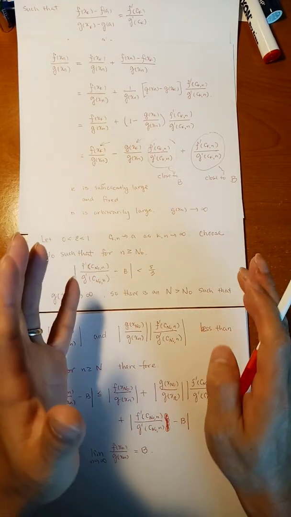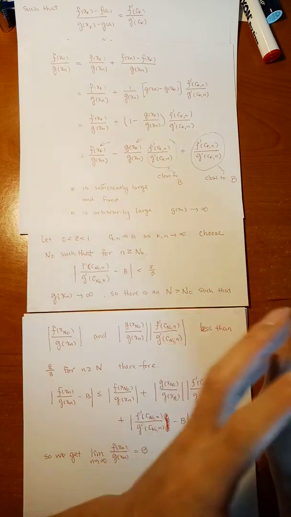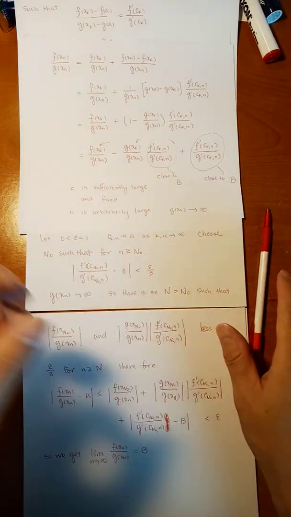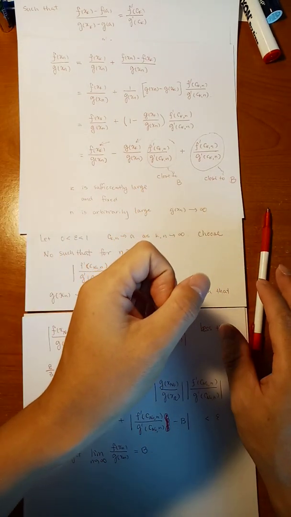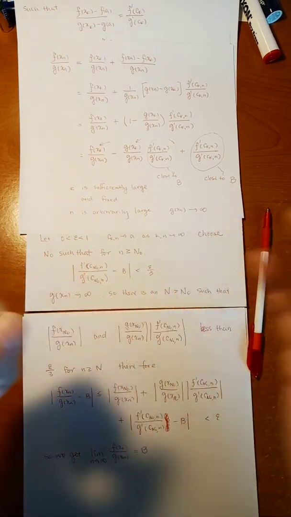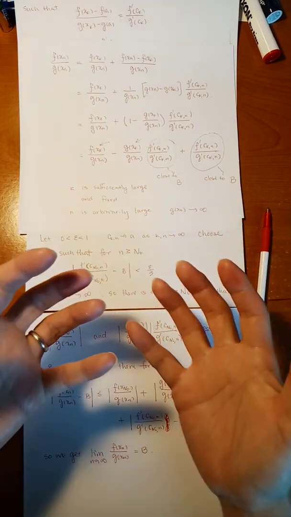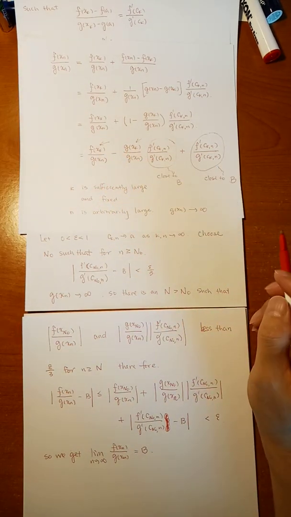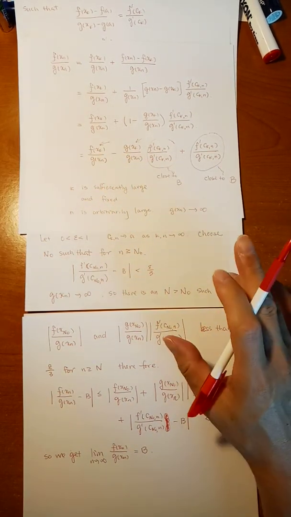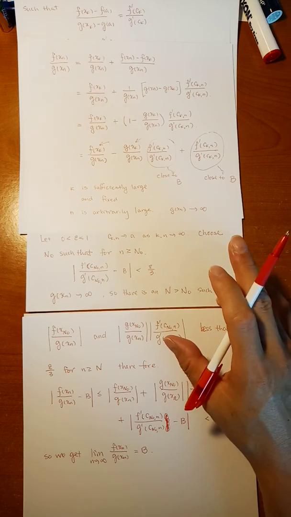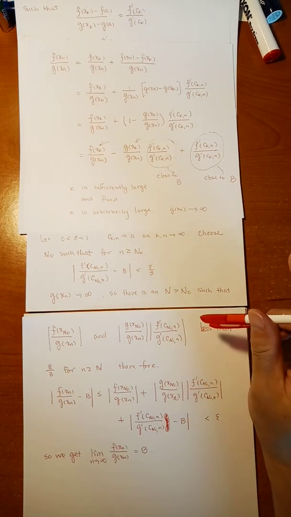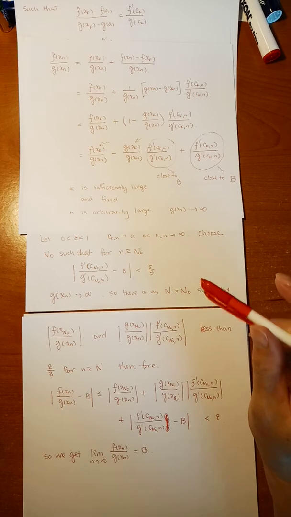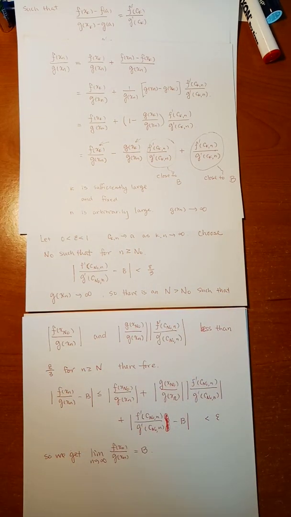Those two indices both approach infinity. One should be sufficiently large but fixed. The other one will be arbitrarily large in order to make some ratio 0. So this is a very good trick. It's an advanced trick, but you don't have to invent it, you have to know how to apply it in your study.